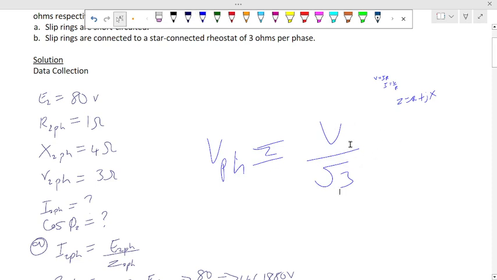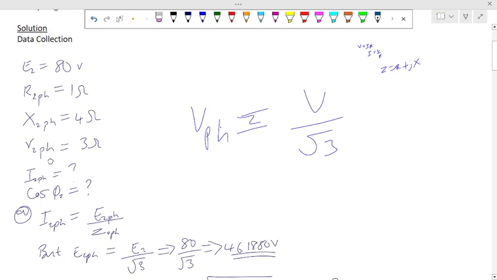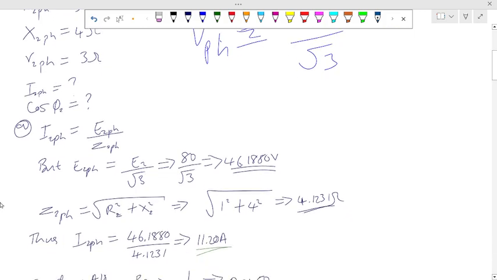So our EMF per phase will be the 3-phase EMF divided by √3, and that's how we got this.